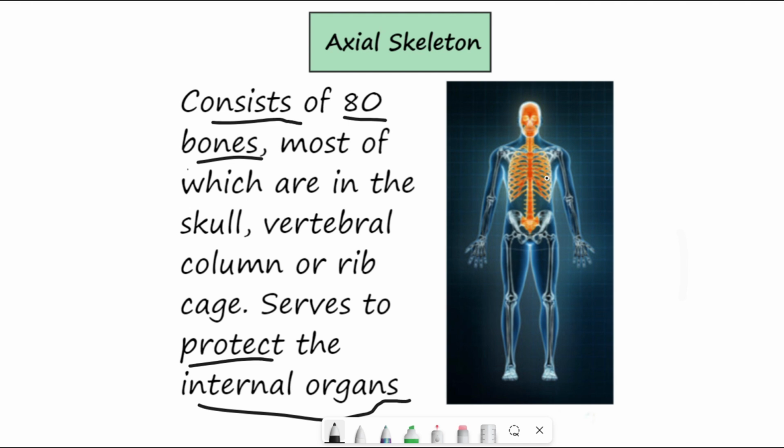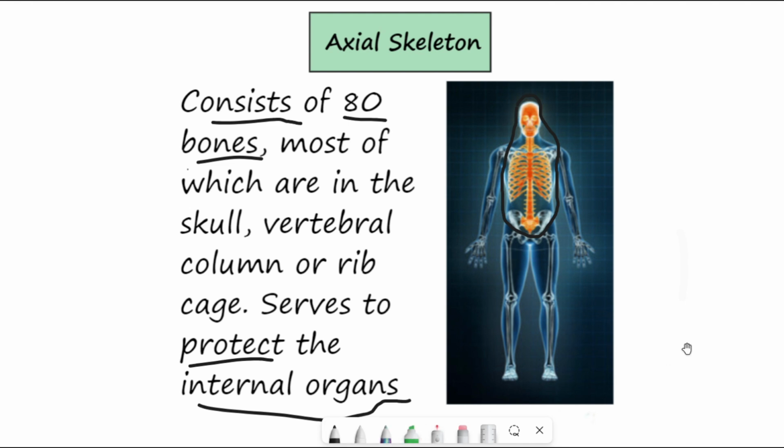Here you have the rib cage. Down here you have the vertebrae. Here sacrum and coccyx. So that's pretty much your axial skeleton, this kind of orangish outline here. Kind of like the centralized bones of your body.